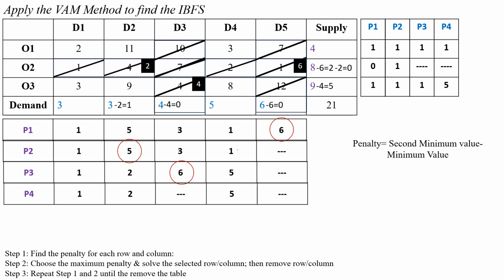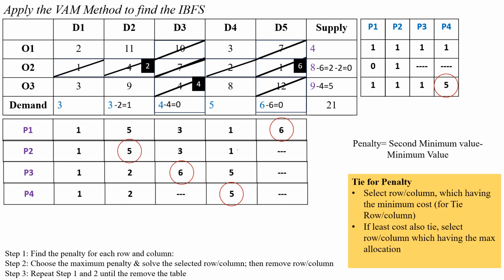So here maximum penalty is the 5, that is for the O3 row as well as D4 column. So here tie for the penalty. So in this condition we have to select the row or column which having the minimum cost.